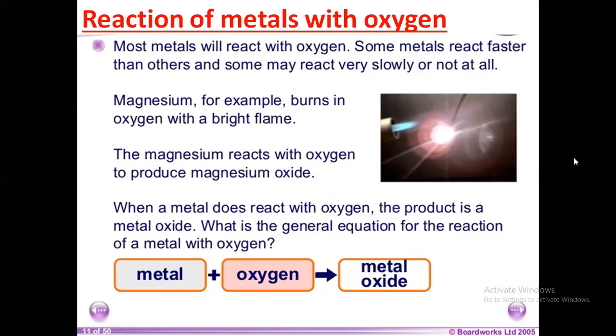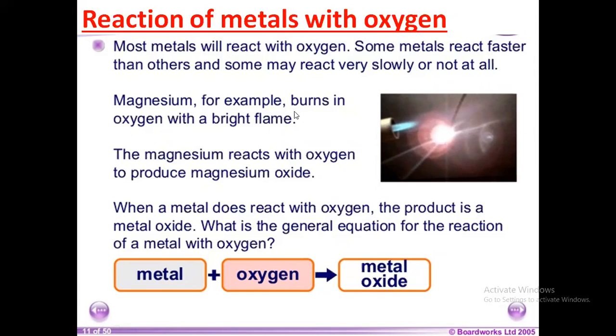Highly reactive metals react faster than the others, some metals react very slowly, and some metals are still unreactive even with oxygen. When any metal reacts with oxygen, metal oxide is produced, right?